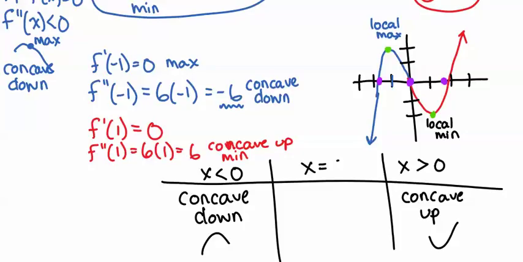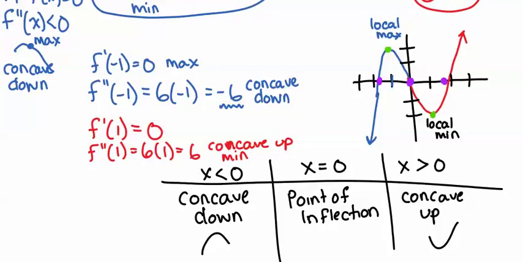Right at x equals 0, we have a point of inflection. To get a point of inflection, your graph has to go from concave down to concave up, or the reverse, concave up to concave down. The point of inflection is kind of where it turns.